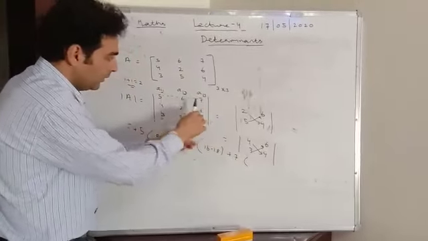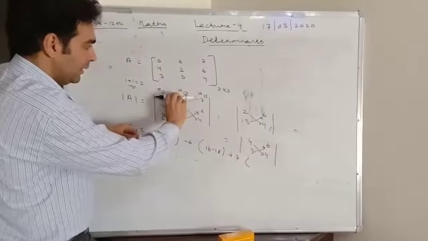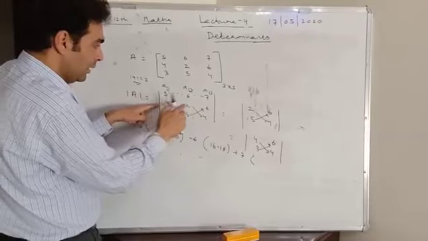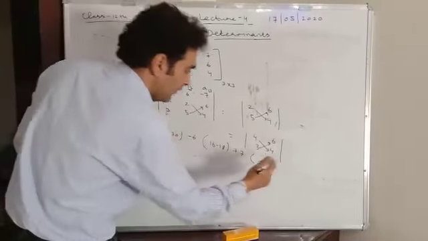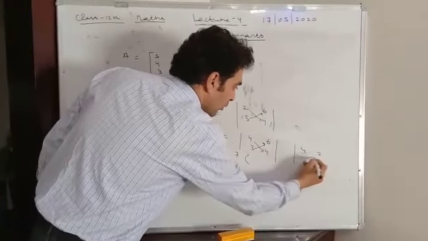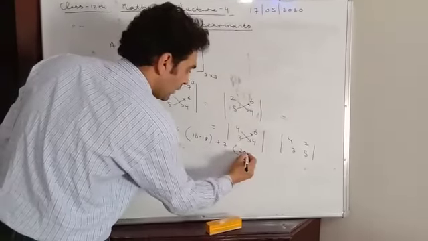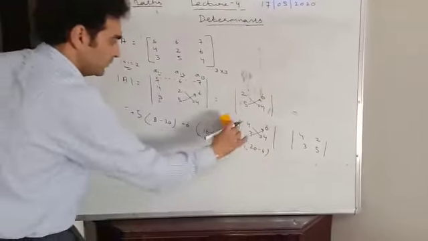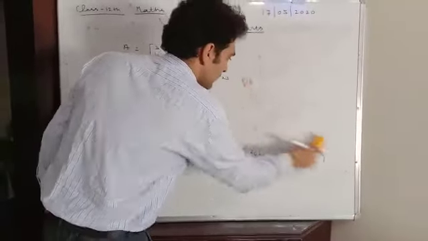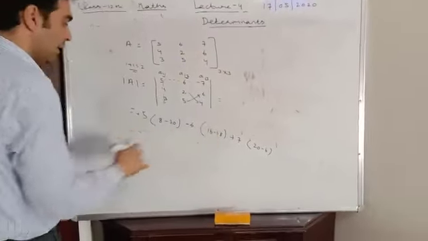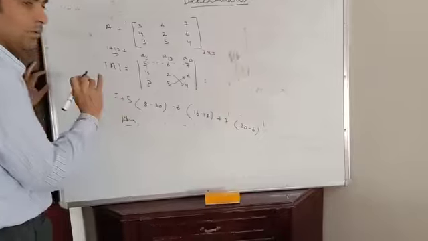What will you do? Cancel this column and this row. What will you be left with? 4 2 3 5, 20 minus 6. Got it? Now calculate. You will get your answer.